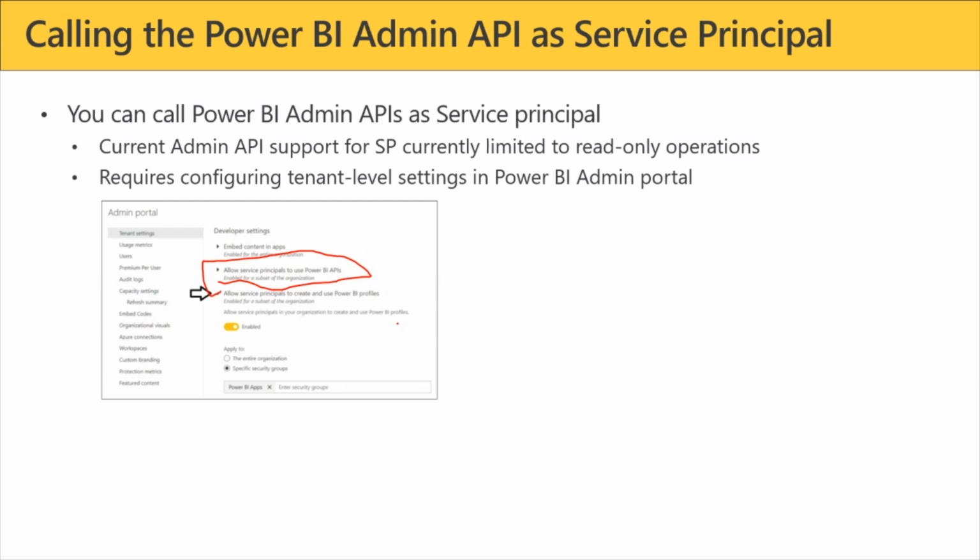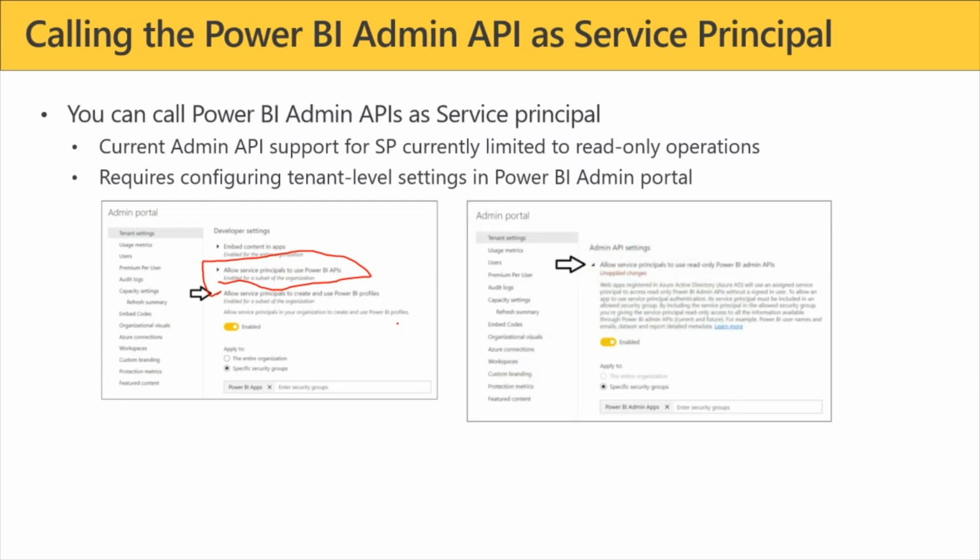So if you don't have that association where your service principal has this permission, any call to the Power BI REST API will fail. So once you do that, there is a second thing where either with the same Azure AD group, or we create a different one, this one called Power BI Admin Apps. If your service principal is added into that Azure AD group and you have this setting, now your service principal is allowed to call the API.